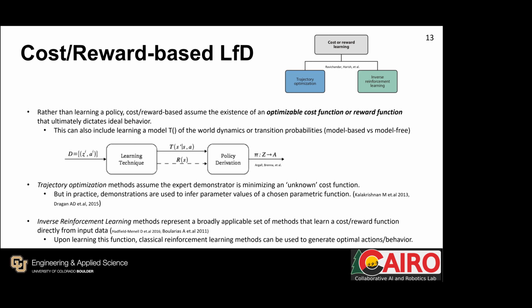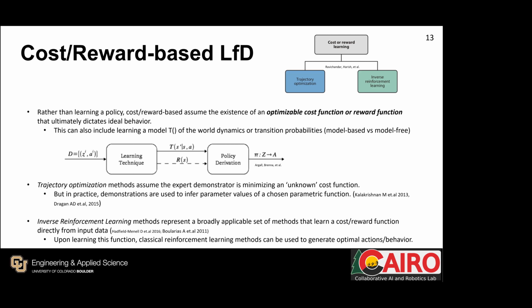There are two main subcategories in cost and/or reward learning LfD. There's trajectory optimization methods, which essentially assume that the expert demonstrator is minimizing an unknown cost function. But in practice, usually demonstrations are used to infer parameters for a pre-chosen parametric function.